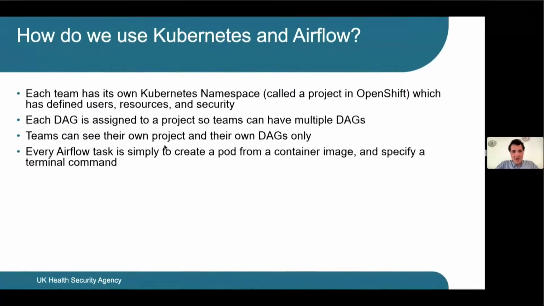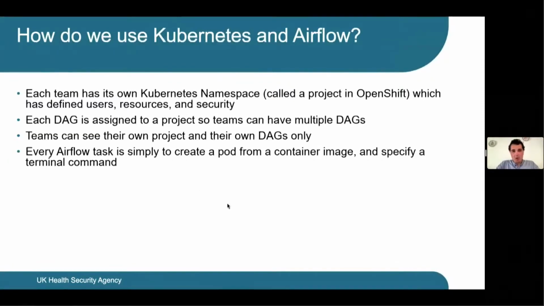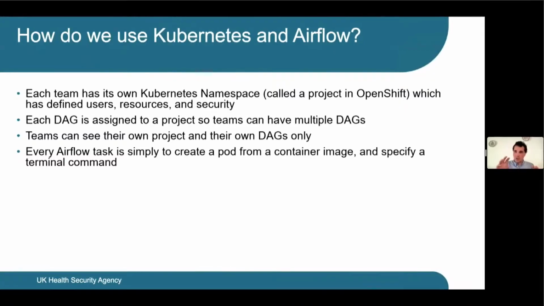PowerPoint letting me down. And then within that, we say every Airflow task, rather than each different task being a different operator, as they're known in Airflow, each task simply creates a new pod in Kubernetes and OpenShift with your container image, with all of your code, and then you give it a specific command.